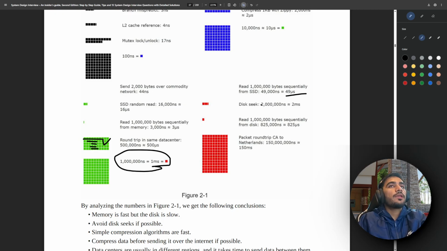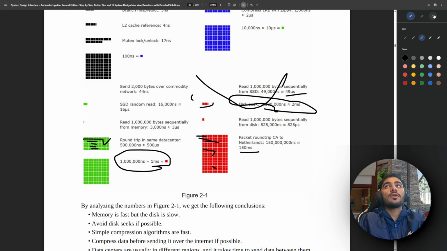Disk seek takes 2 milliseconds. And packet round trip takes 150 milliseconds. So this is 15 of them, and that's what it takes to do a disk seek.